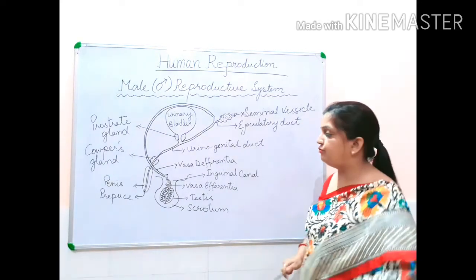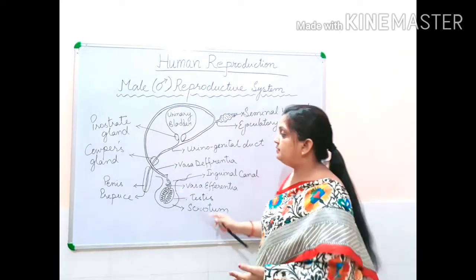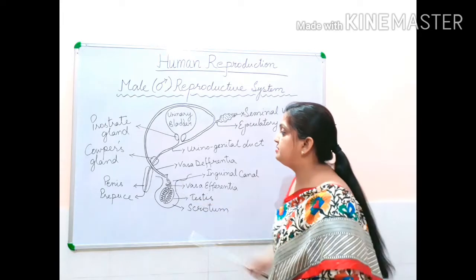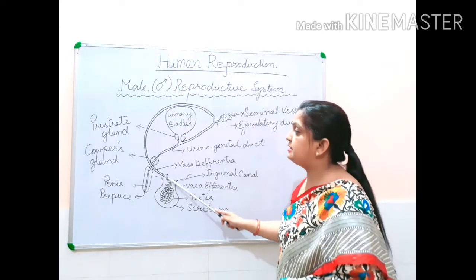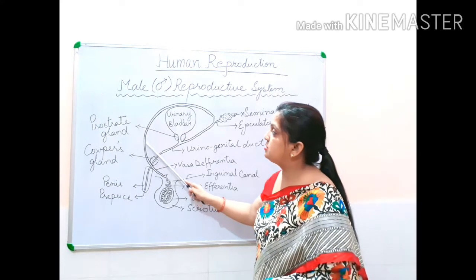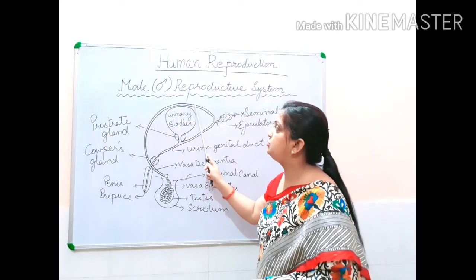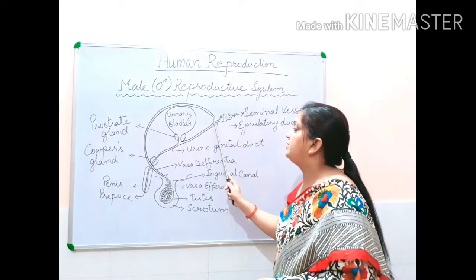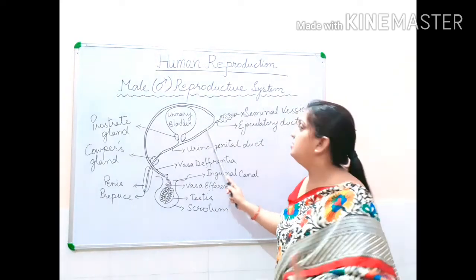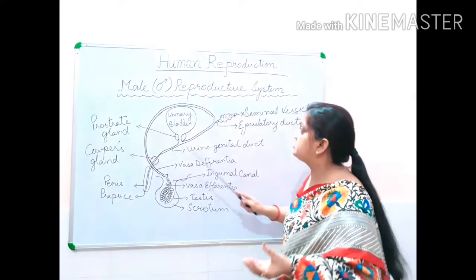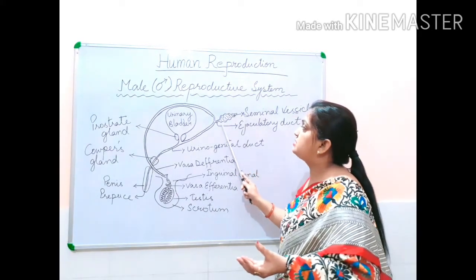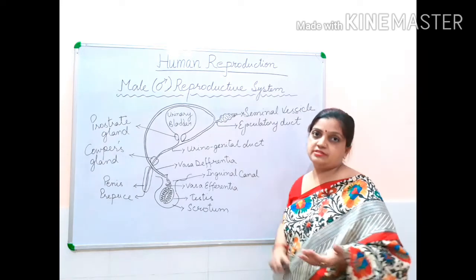Now if I move forward, this vas deferens is emerging out from the inguinal canal, moving ahead and crossing the urinary bladder from the top, and it has a connection from where your seminal vesicles connect to the vas deferens.